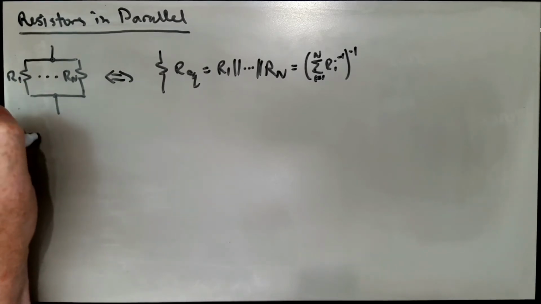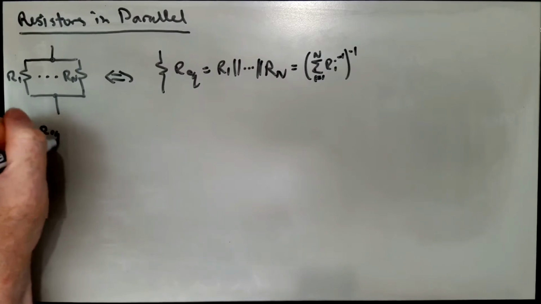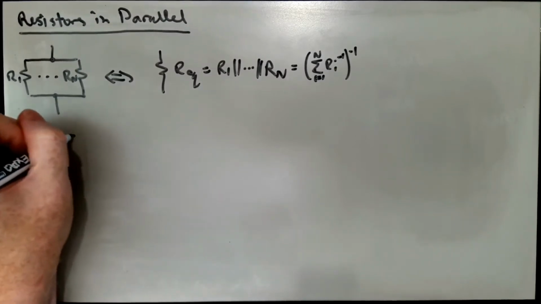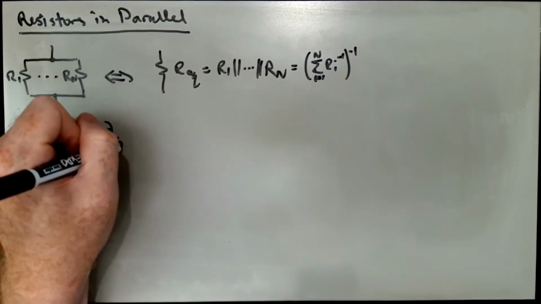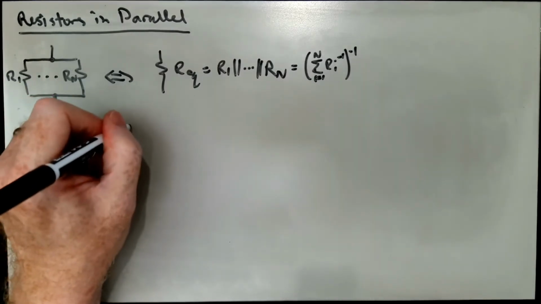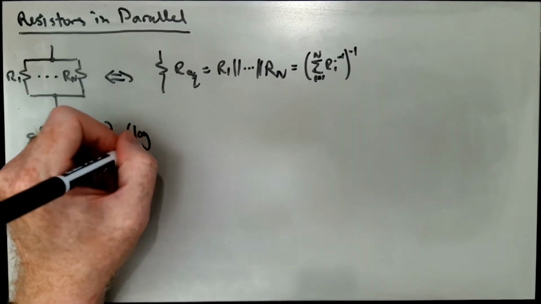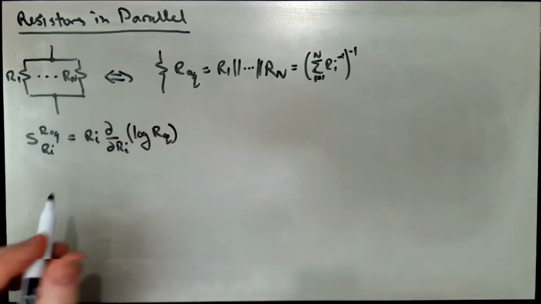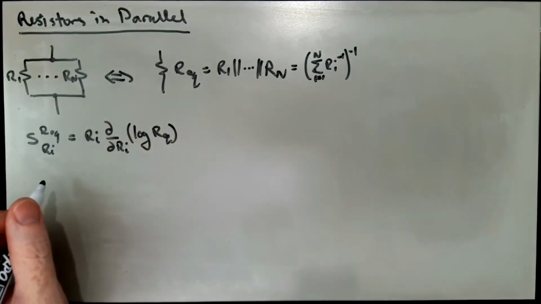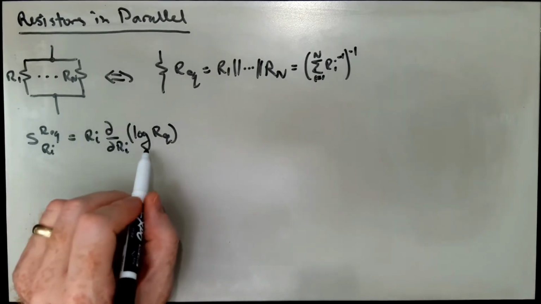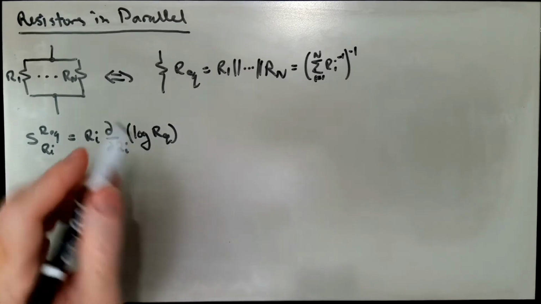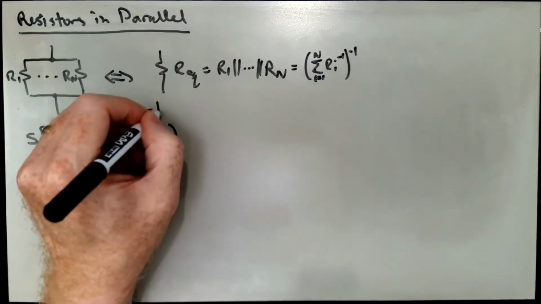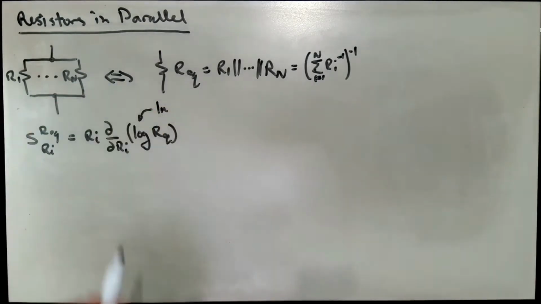So we're interested in the sensitivity of Req to Ri, and that's again equal to Ri times the logarithmic derivative of log Req with respect to Ri. I guess I should have mentioned last time that when I write log in this class with no subscript to indicate the base, by default I mean the natural log, log to the base e, and not the common logarithm.